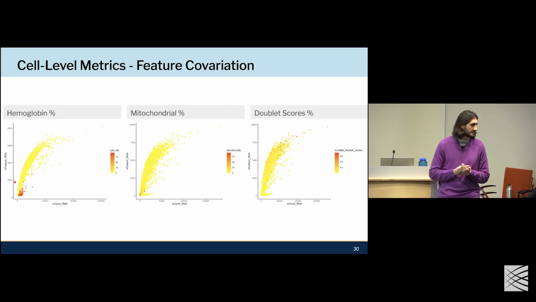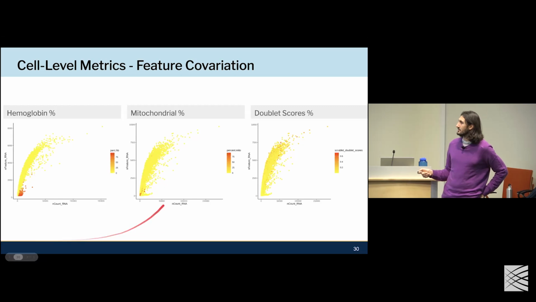We're usually not interested in red blood cells, but if that was your population of interest and you just set hard thresholds, say bye-bye to your data, because you just filtered it out of your analysis by setting hard thresholds. Another thing you sometimes see is these tails down here, where the library complexity goes up, but the number of features doesn't necessarily go up. And here the dots are colored by the mitochondrial percentage.